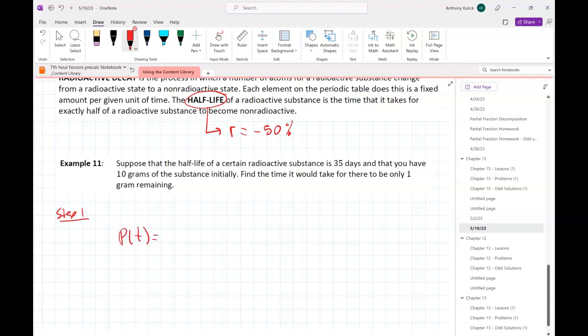The initial amount is just going to be 10 because it says we have 10 grams of the substance initially. And because we're talking about radioactive decay and half-lives, I know R is negative 50. And then what unit of time should we use for our T?